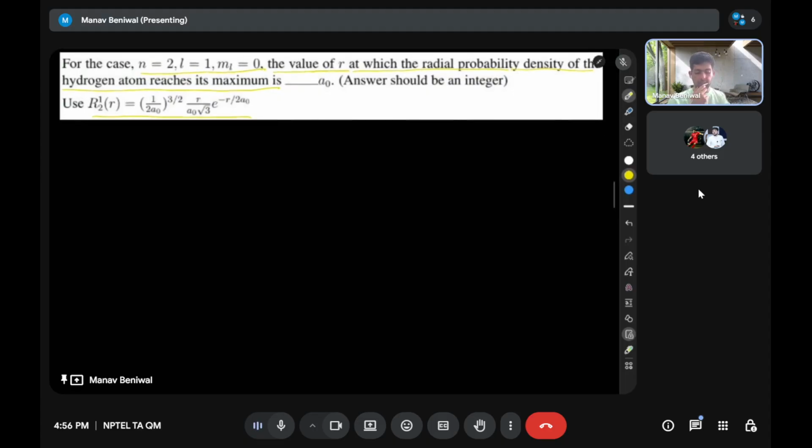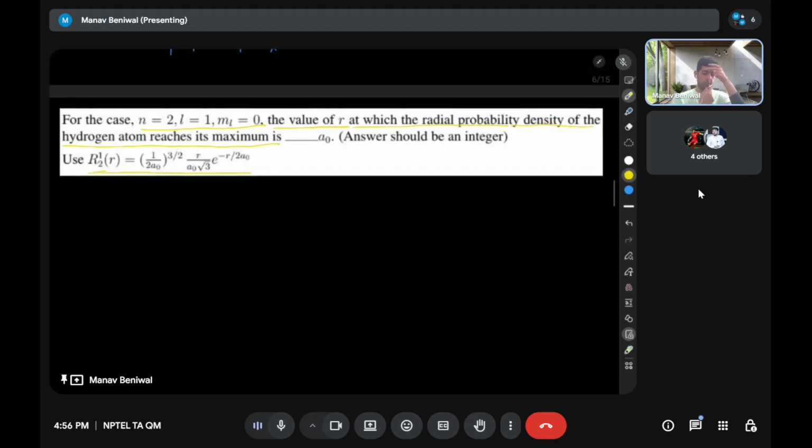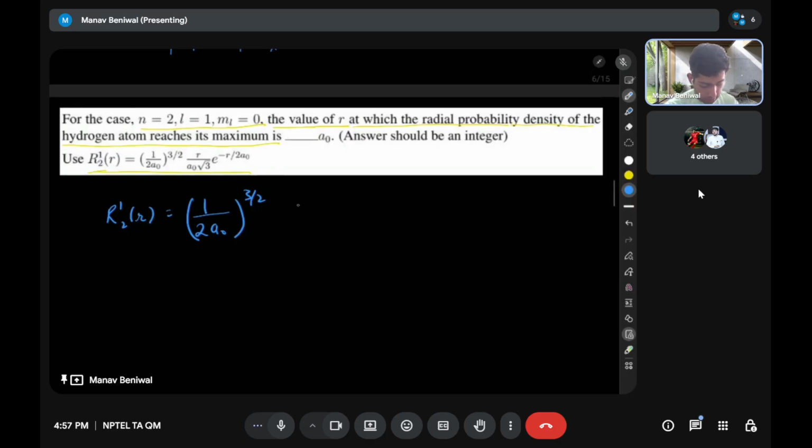Okay, so this is the radial part of the wave function. Let me first write down this radial part of the wave function. So this is just some constant, where a naught is generally called Bohr's radius, and then it depends upon r like this.